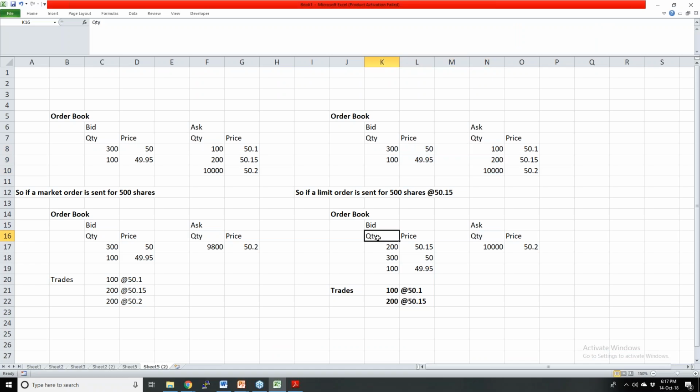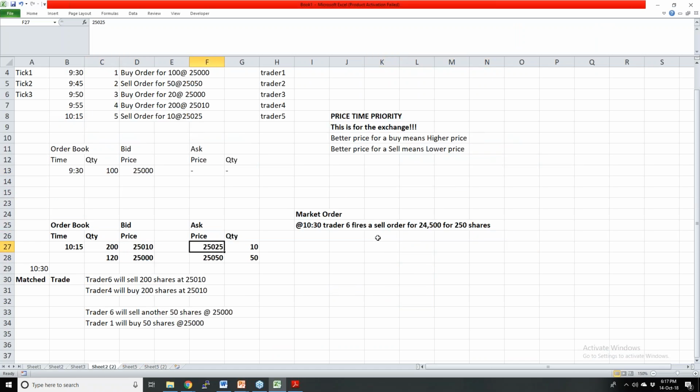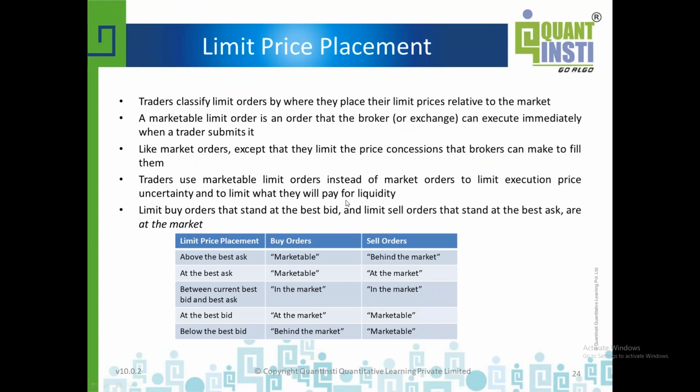So this order by trader 6 was a marketable limit order, right? He had specified the price, so as soon as it hit the exchange, it will get executed. If a buy order is placed above the best ask, it will cross. If a buy order is crossing the ask, it is a marketable limit order, and it will get immediately executed.